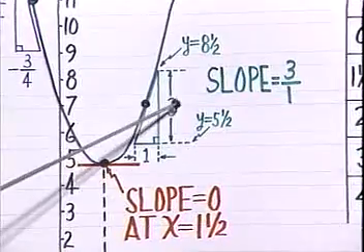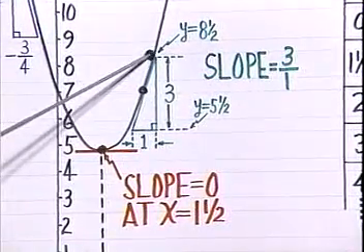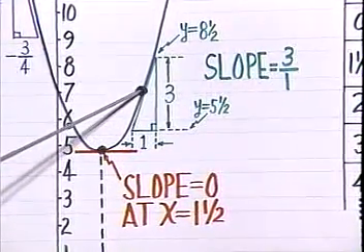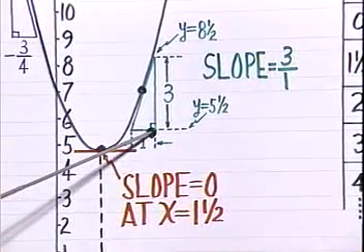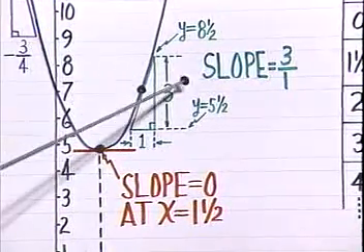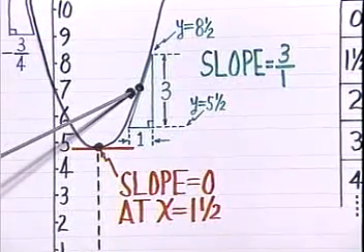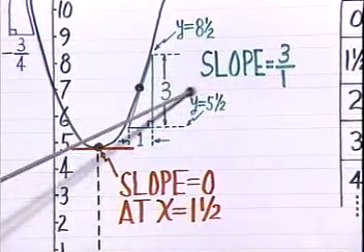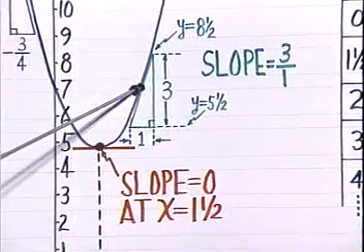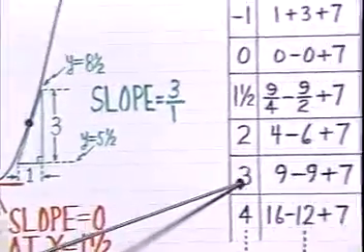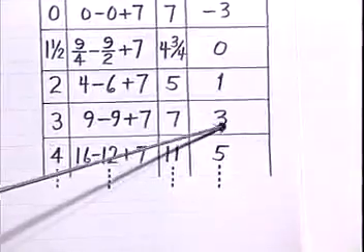This triangle is, of course, tangent to this line as best as my eye could do. And I find that it is 3 divided by 1, or 3. So the slope is 3 at x equals 3. Let's see if this is so. X is 3. The slope is indeed 3.